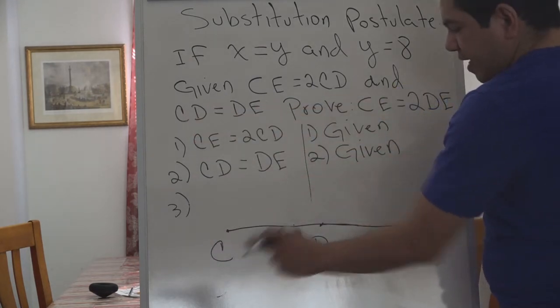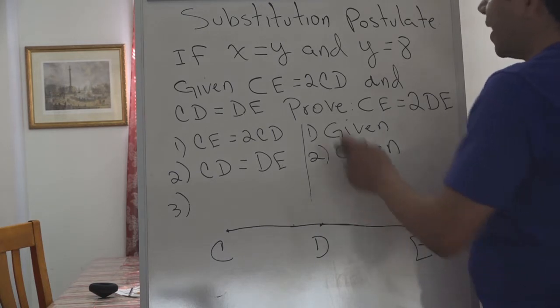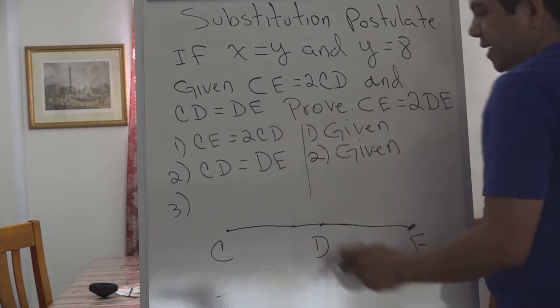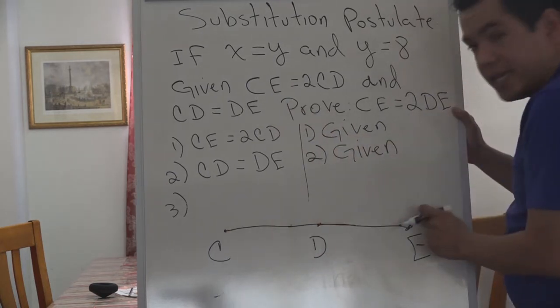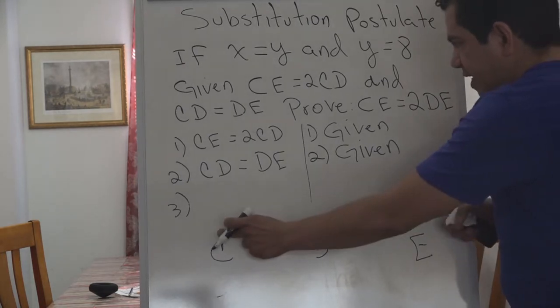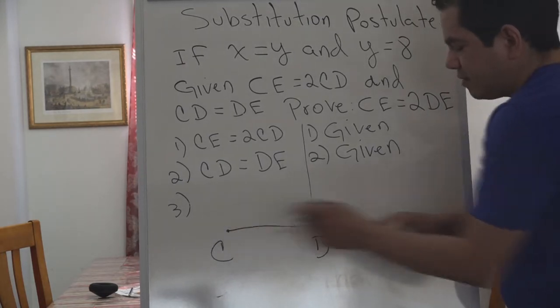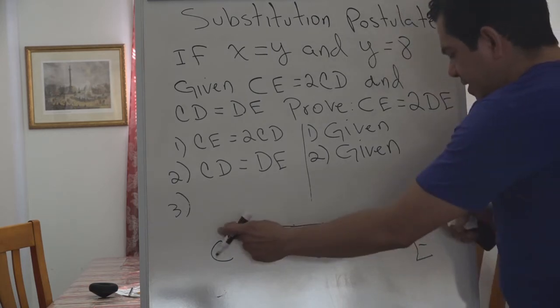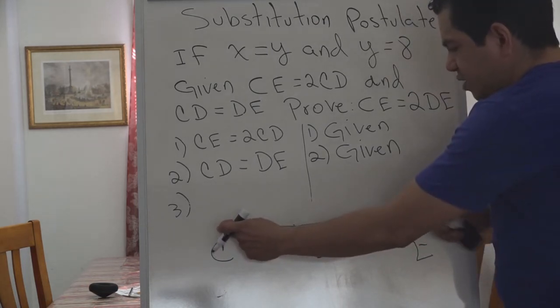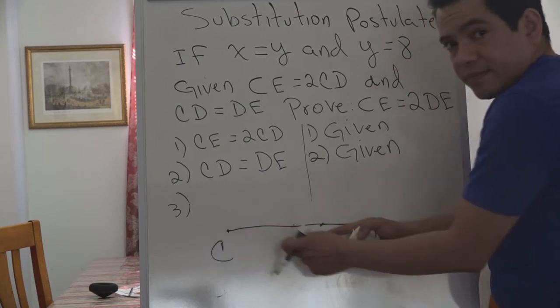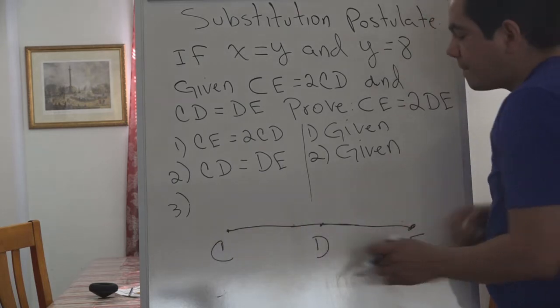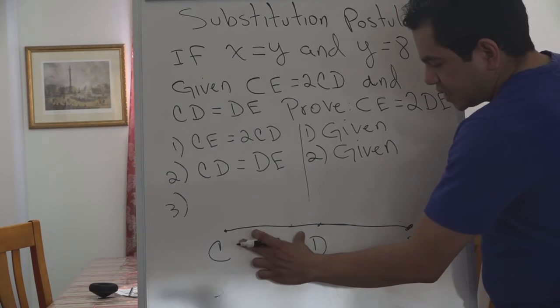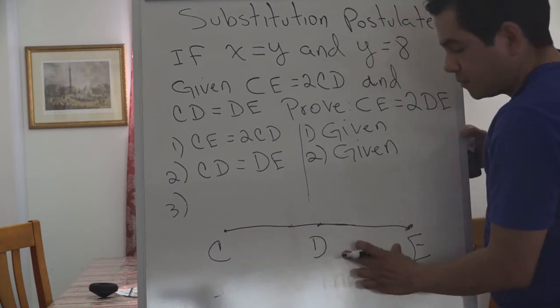So, this segment right here is equal to this segment right here. Cool. Now, CE. You see that? CE is twice as long as CD. Now, it does make sense. This segment right here, CE, is 2 times this segment CD. And how do I know that? Because these two segments are congruent.